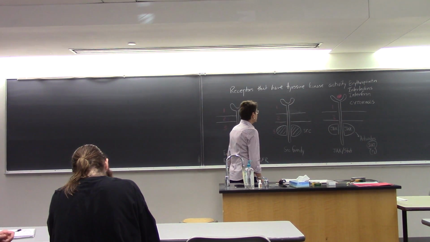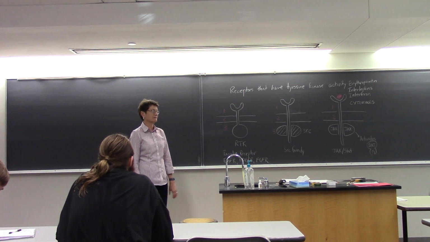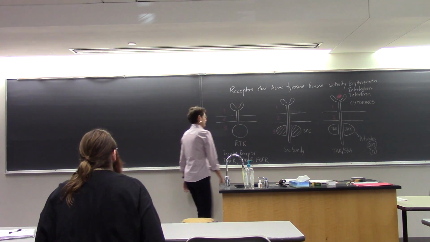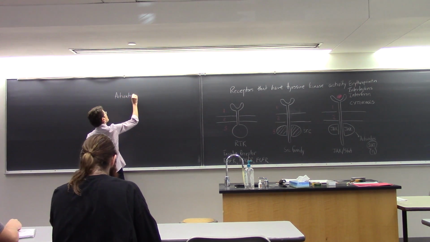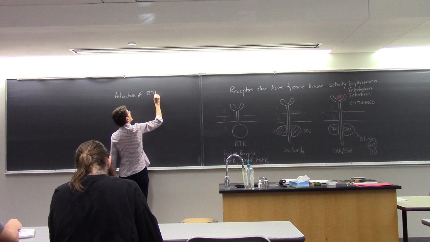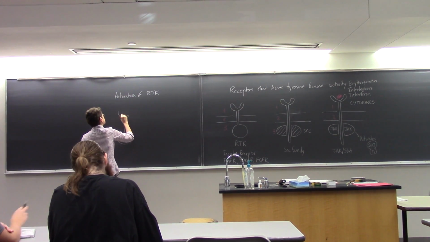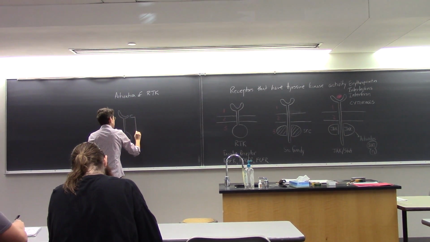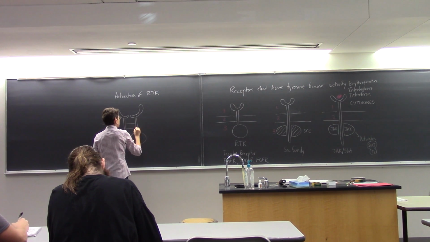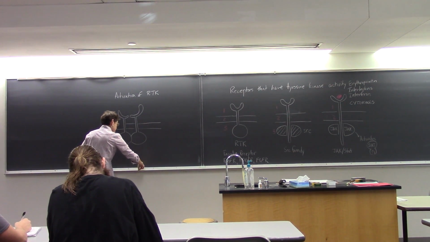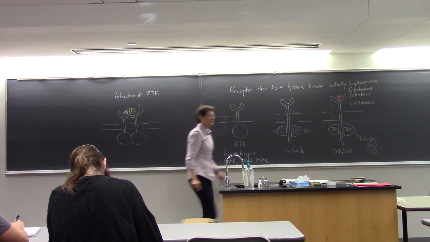Well, you sort of know how to activate receptor tyrosine kinases because it's been a pattern that we've seen before and we're going to continue to see again and again. Activation usually requires the dimerization, well, it always requires that the receptor is dimerized.